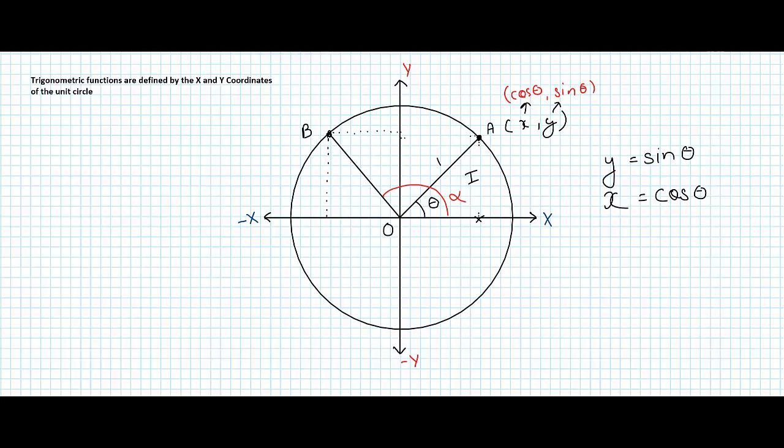Now the x coordinate of this point B is on the minus x-axis, right? So it is going to have some negative value. The y coordinate of this point is on the positive y-axis, so it's going to have some positive value. This is just how the second quadrant works.